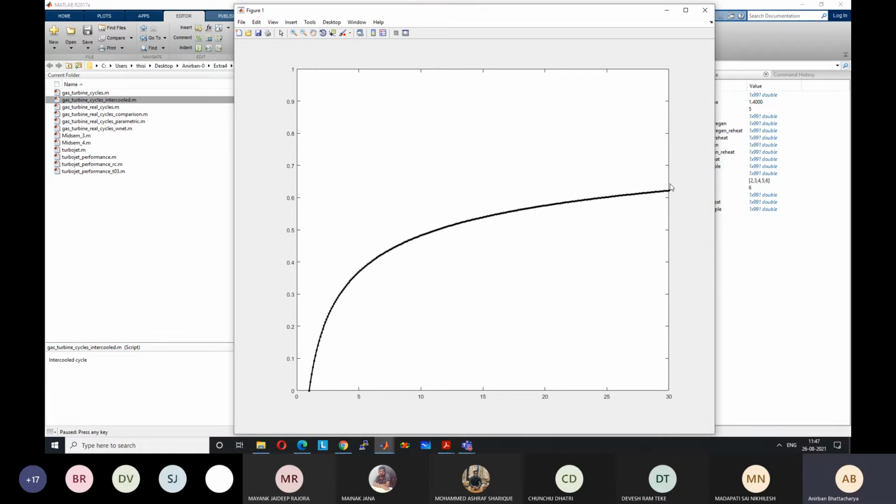It will keep on increasing with R, right? So the second term will go to 0 at R equal to infinity. So the theoretical limit is 1. It asymptotically goes to 1 at very, very high values of R, obviously. So it's not of any practical consequence. Say for a reasonable, very high R value of 30, we generally do not go beyond this, because we need a lot of compressor stages to go up to 30. So we get an efficiency slightly higher than 60% for the simple Brayton cycle.